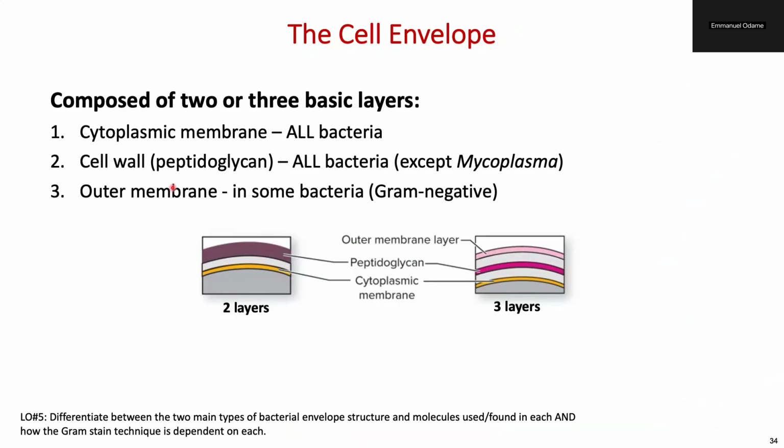We have the cytoplasmic membrane, which is present in all bacteria. We have the cell wall, also present in all bacteria except the mycoplasma. And then we have the outer membrane, which is present only in gram-negative bacteria. As we go, we will understand why gram-negative bacteria have the outer membrane.